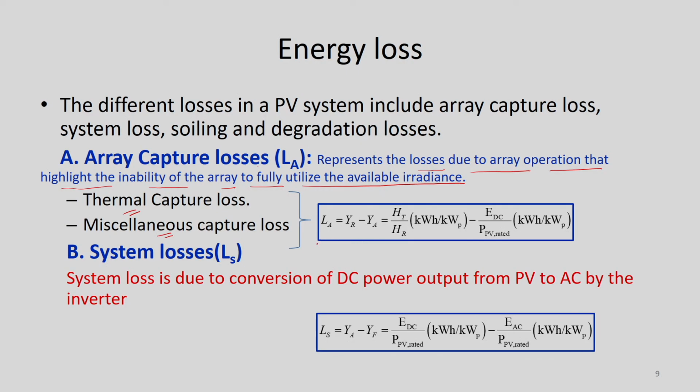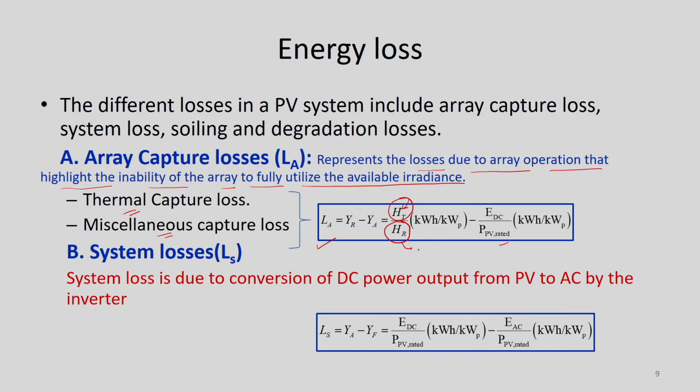Mathematically this can be represented by LA is equal to HT by HR minus E DC to PV rated. So, this HT is nothing but the total in-plane irradiation of the location, and this is the reference.